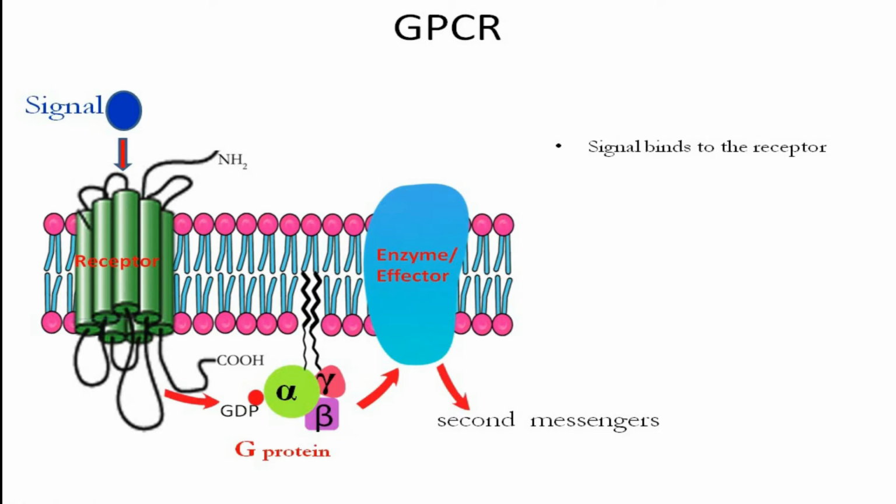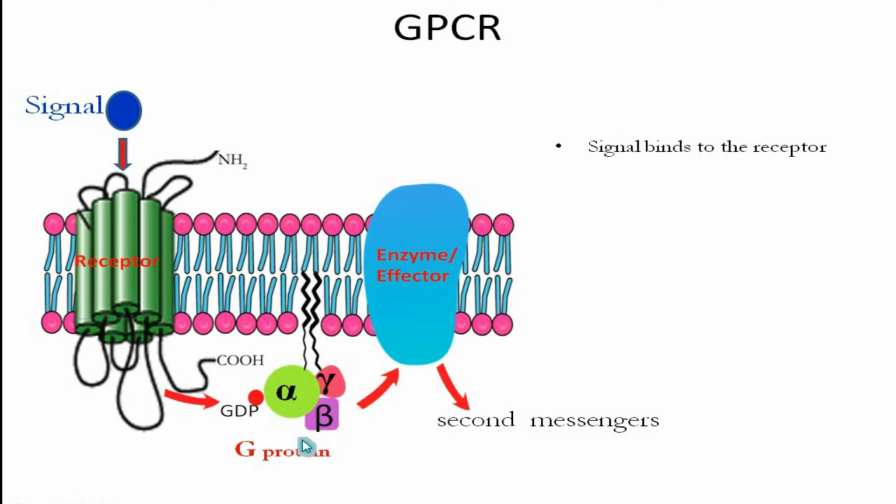First, the signal binds to the receptor. Then a conformation change occurs in the receptor, and this receptor binds to G protein. When the receptor binds to G protein, what happens?